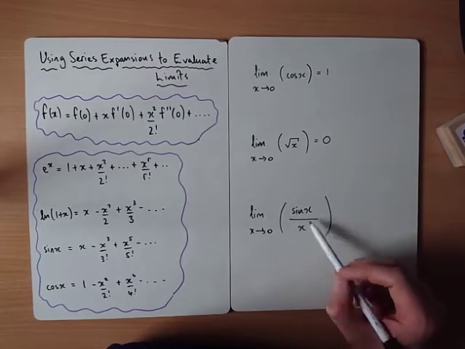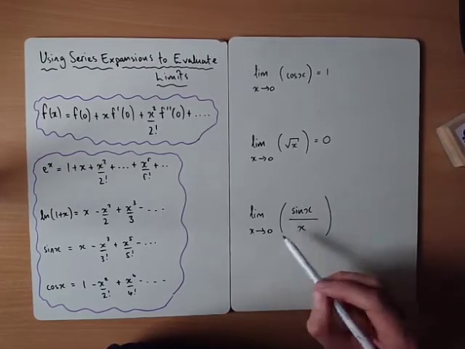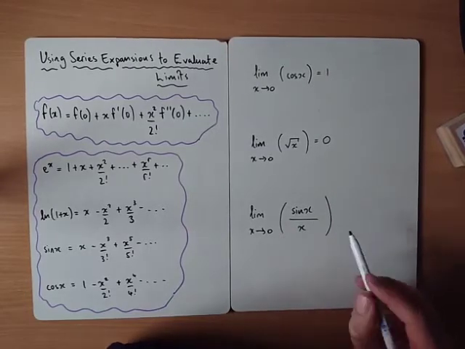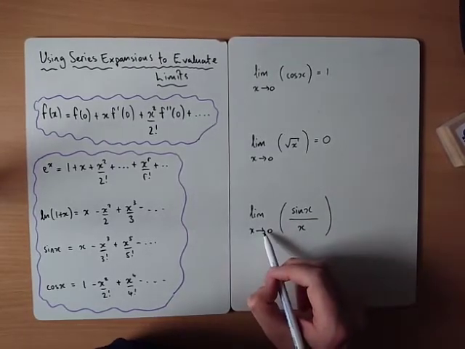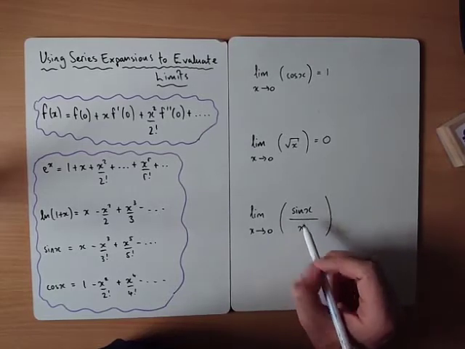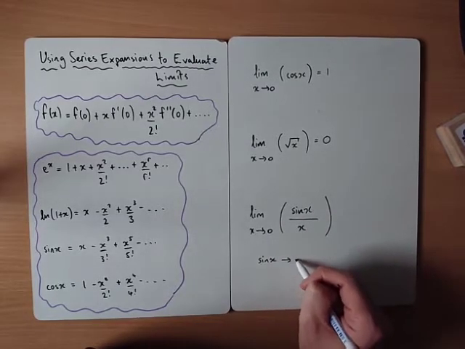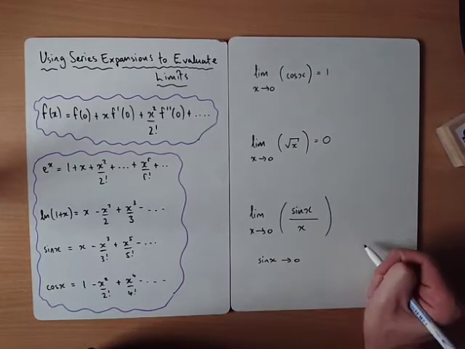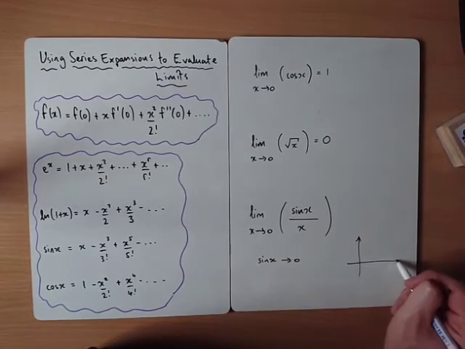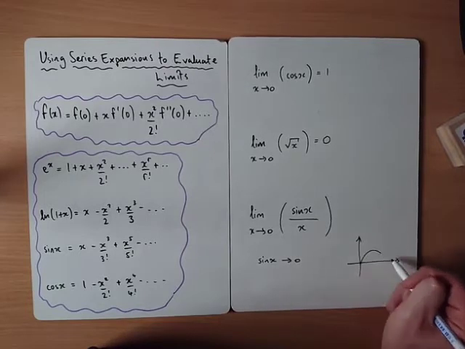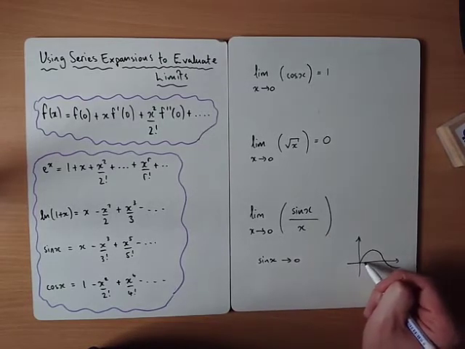This next one, have a look at it, but we're not going to be able to do this by inspection. Now, as x tends to 0, think about what happens. Sine of x also tends to 0, just from your sine graph. We can see that as x gets smaller, sine of x also gets smaller.